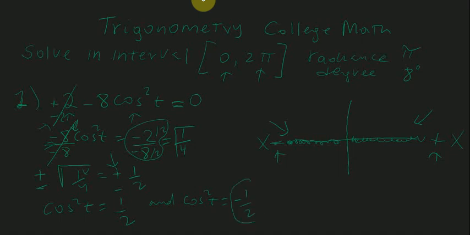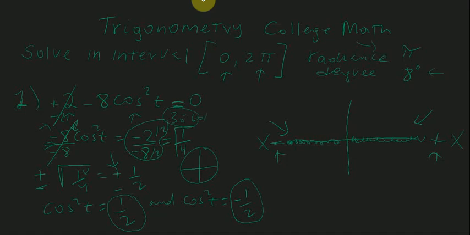So now we have the two angles. What is the angle for cosine of one half? There is a chart I will be showing that is easy to use, and that gives you, when cosine is 30 degrees, when it is 60 degrees, cosine, sine. It shows you what the radians are and what the degrees are.